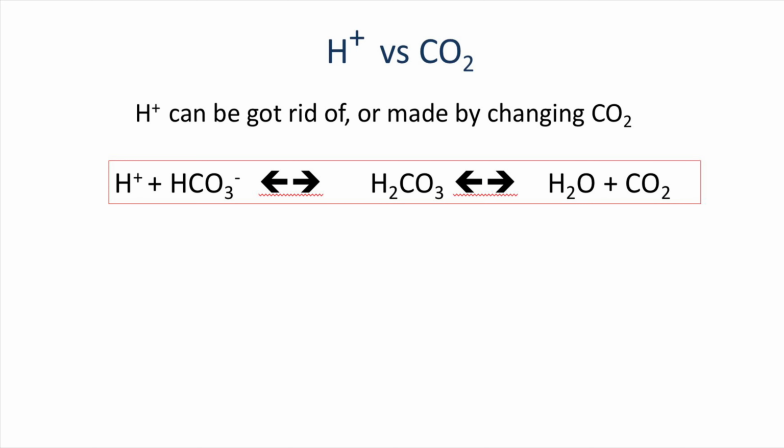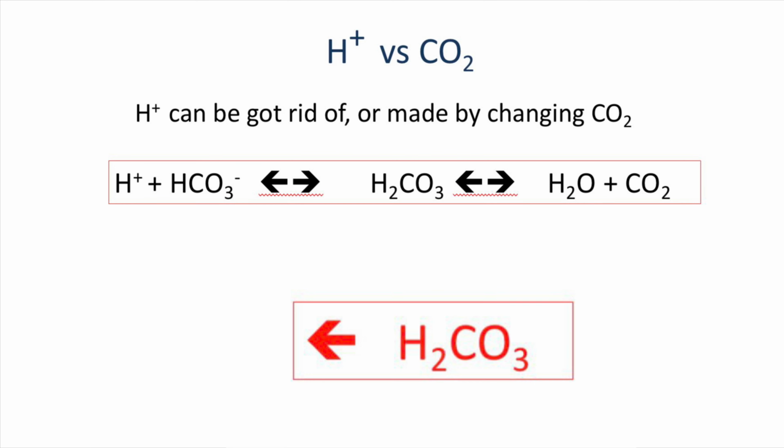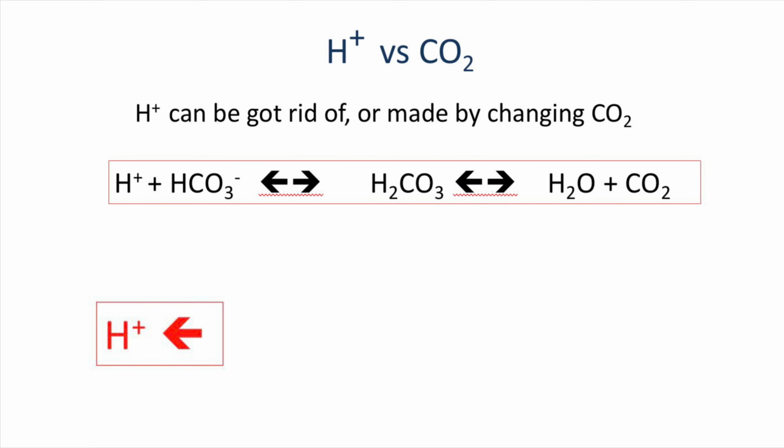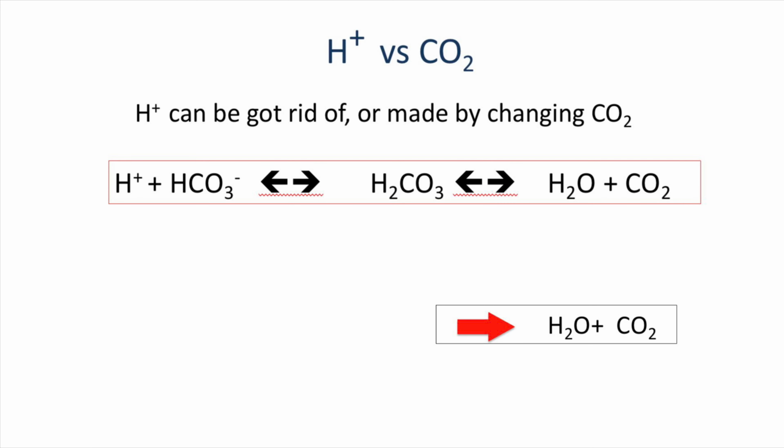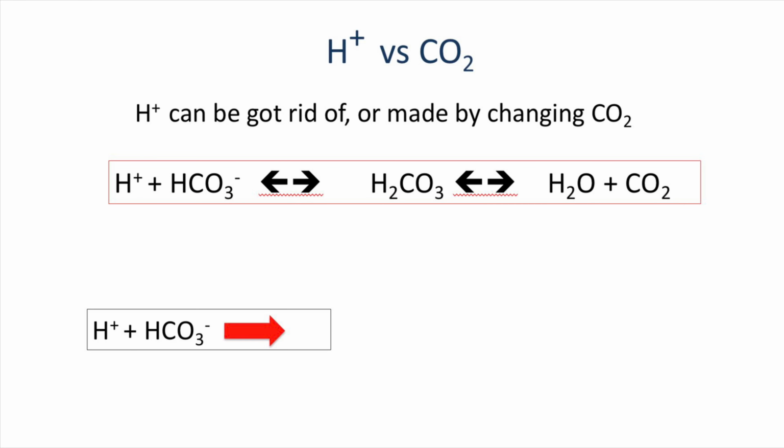So if we have a rise in CO2 because we're breathing less, we have more carbonic acid and we have more H+, and the pH goes down. Of course, the opposite is also true. If we increase our ventilation, we get rid of more carbon dioxide, so the carbon dioxide level goes down in the blood. This lowers the concentration of carbonic acid and will lower the acid H+ concentration, which raises the pH.